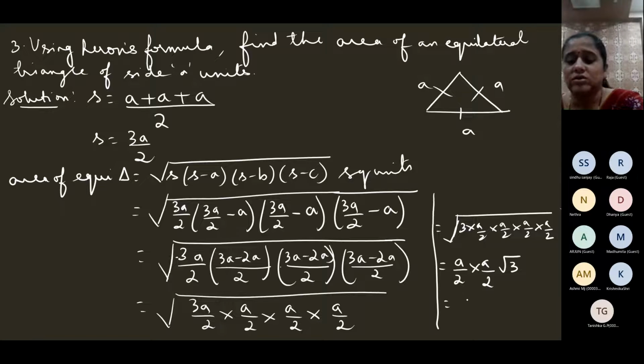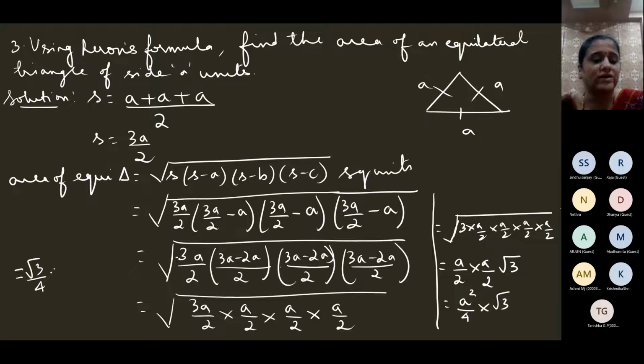So that is equal to A square by 4 into √3. That's nothing but √3/4, you write the numbers together. √3/4 A square. That is equal to √3/4 A square units.